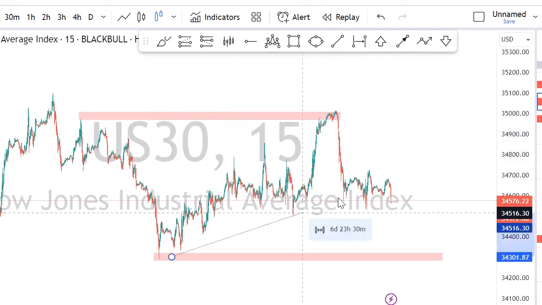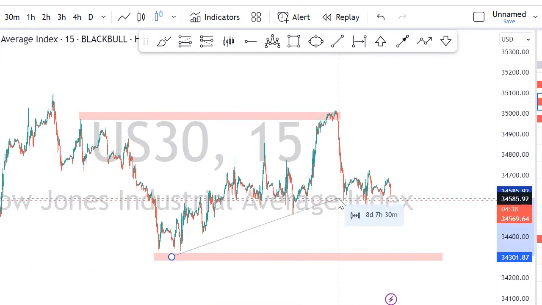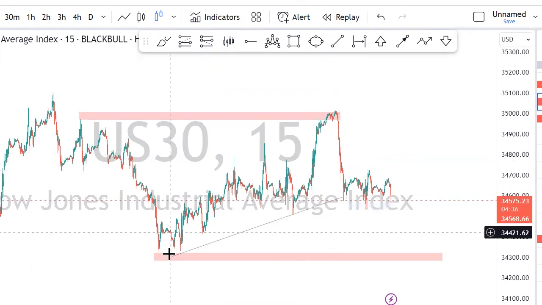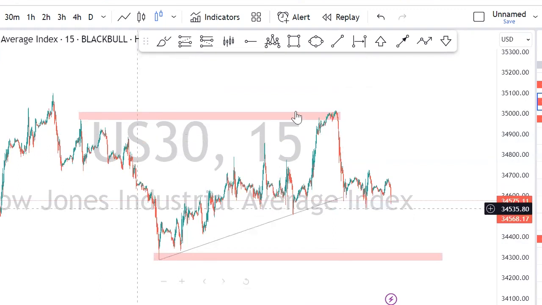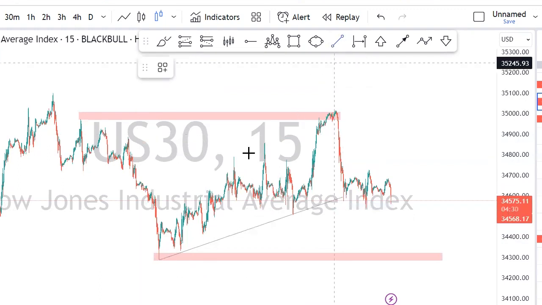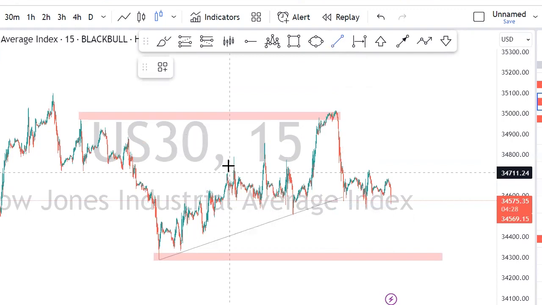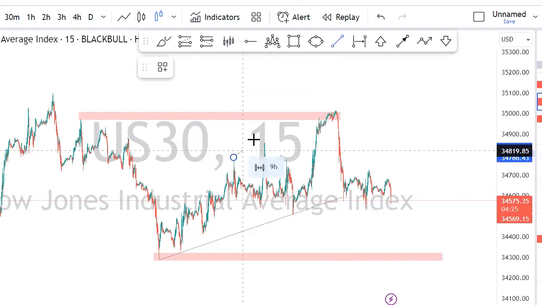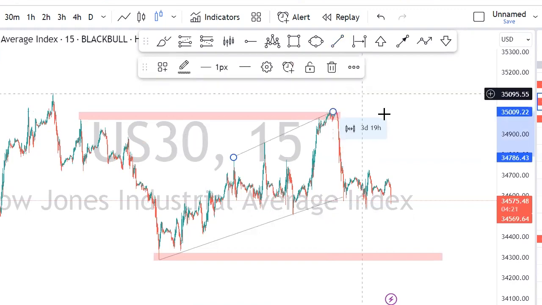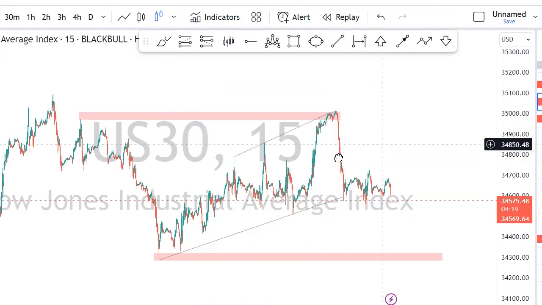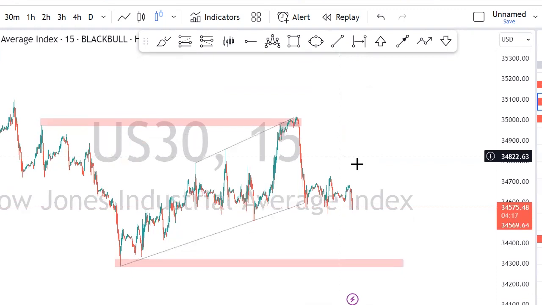So I'm going to quickly draw my support of the structure right there and get my resistance. So basically I'm going to start off here, connect it to the other touches. So my trading strategy is that a structure should usually have 3 touches, with the third touch having the highest probability, right?